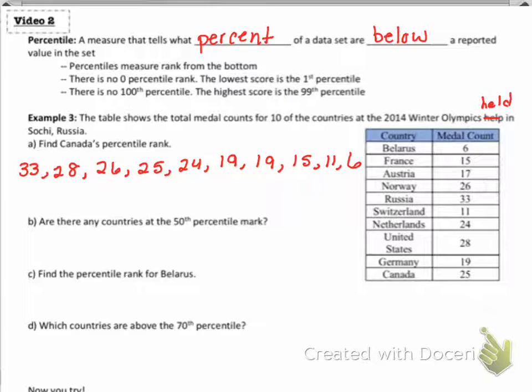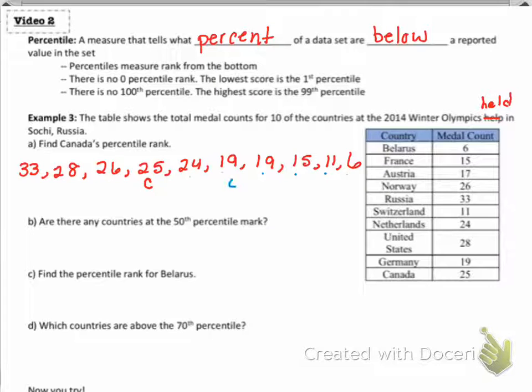Okay, so I want to find Canada's percentile rank. Looking at my table, it says Canada had 25, so I'm just going to put a C underneath 25. If I count, Canada scores higher than 1, 2, 3, 4, 5, 6 of the other countries.